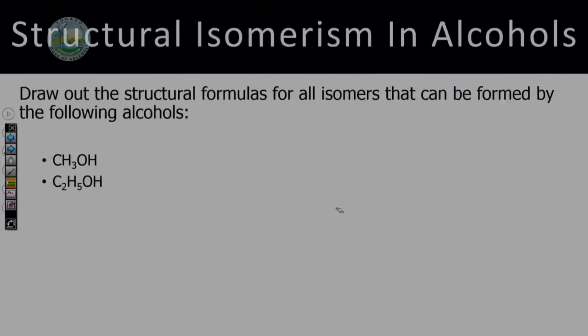The second alcohol we have contains 2 carbons. So we draw them out, 2 carbons. And we know alcohols have an OH group, so we put the OH group, and there are 5 hydrogens. We put them in: 1, 2, 3, 4, and 5. Is it possible to have an isomer?